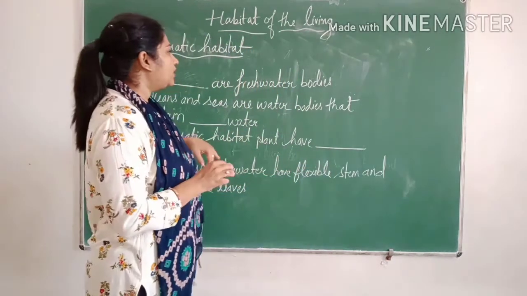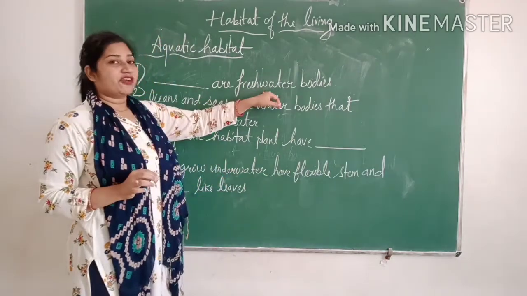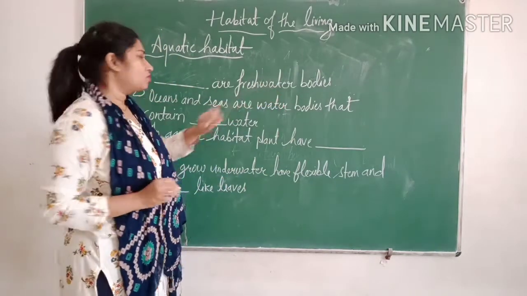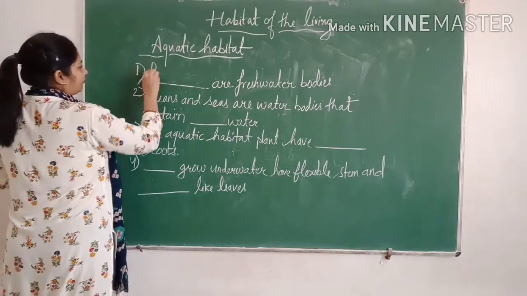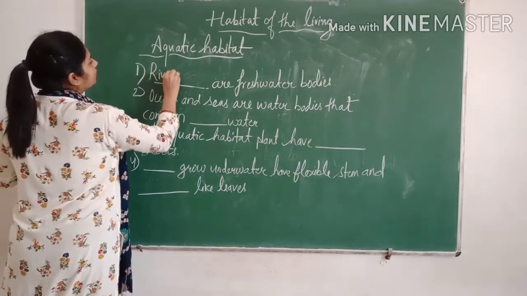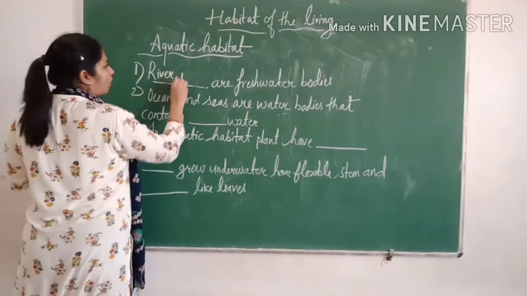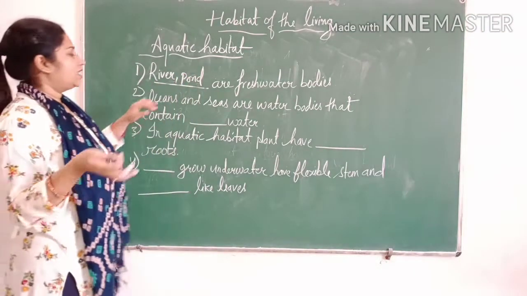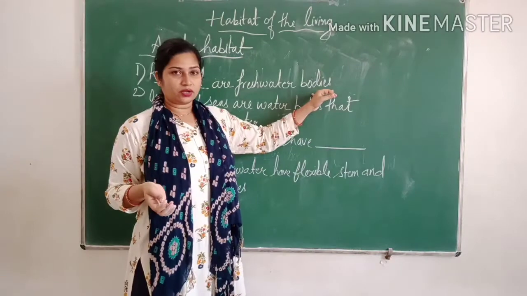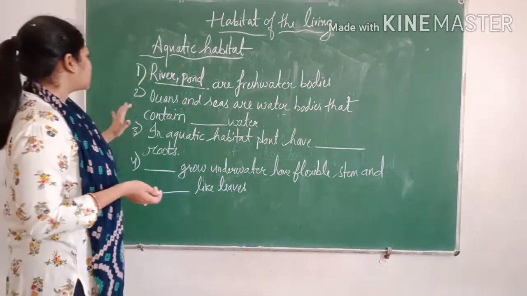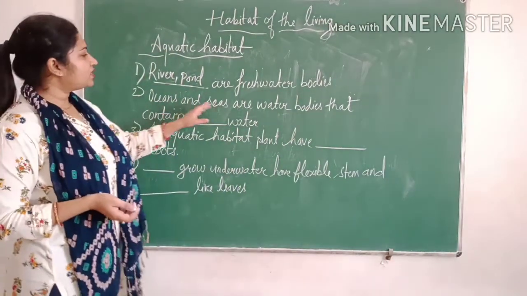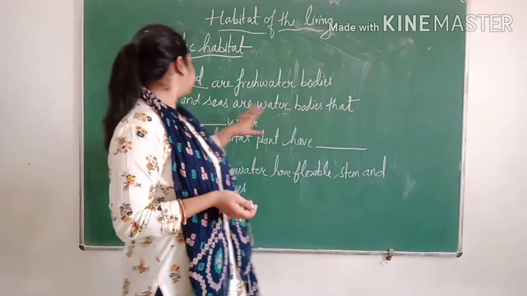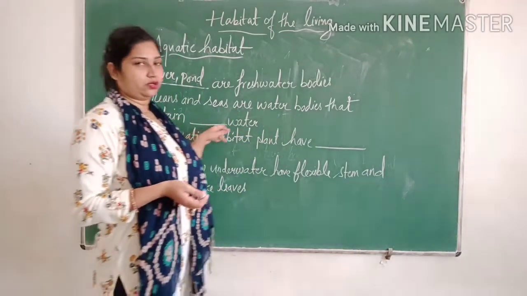Now among all these, what are freshwater bodies? River, next one pond, and lakes. These are freshwater bodies. Second: oceans and seas are water bodies that contain dash water.